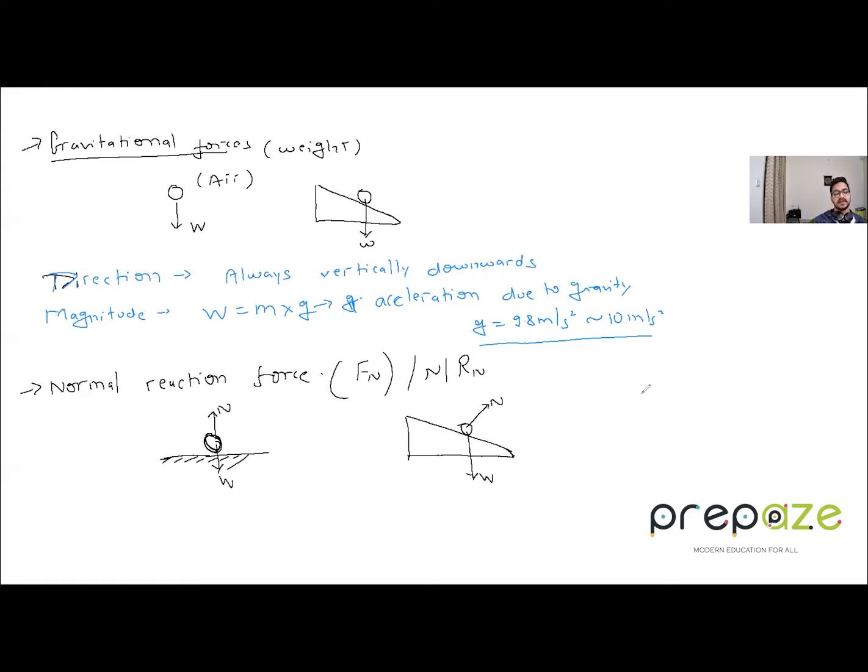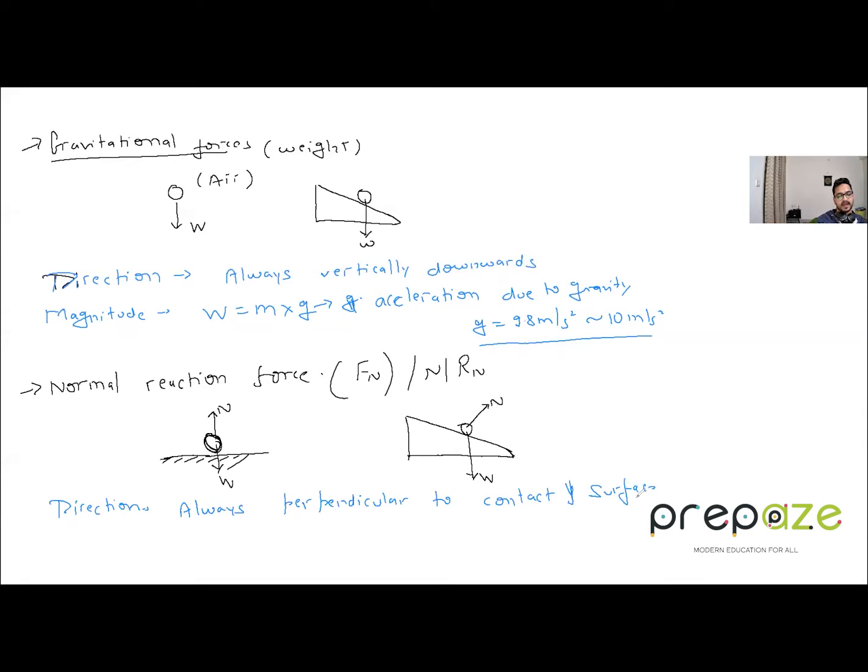It is not the case. It is always perpendicular to the contact surface. So I will write the statement over here: the direction is always perpendicular to the contact surface.